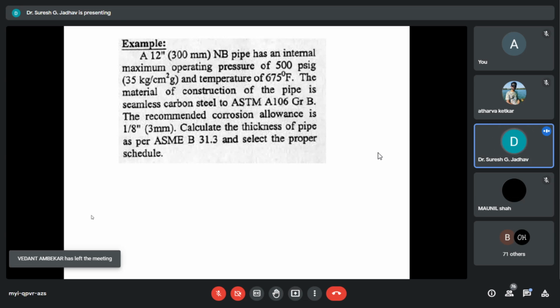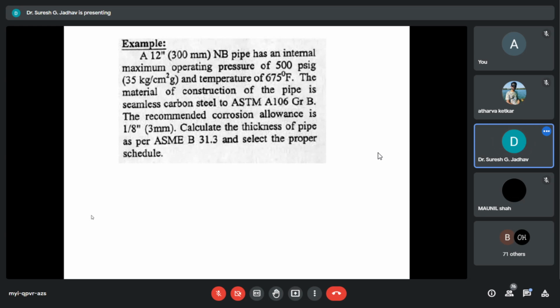The recommended corrosion allowance for this system is 1/8 inch, meaning 3 millimeters. Then we have to calculate the thickness of the pipe as per ASME B31.3 and select the proper schedule.